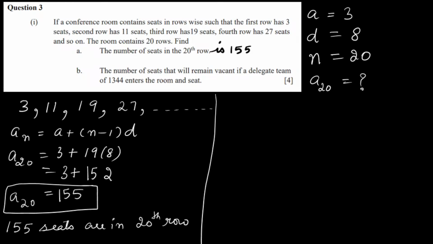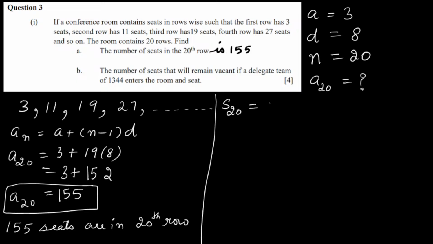In 20 rows, how many people can be accommodated, that we have to find. But out of that, only this many people are there, 1344. So that means we have to do subtraction. So let's find S20 first of all.